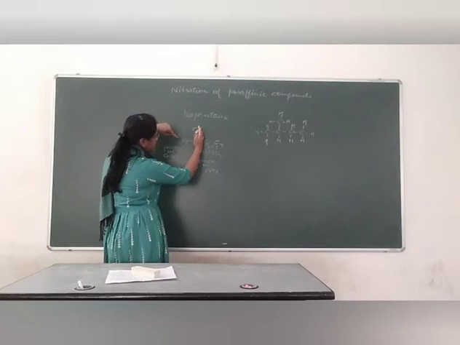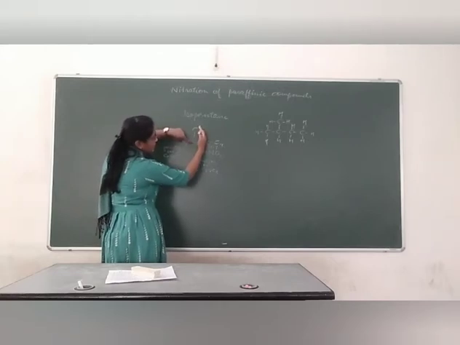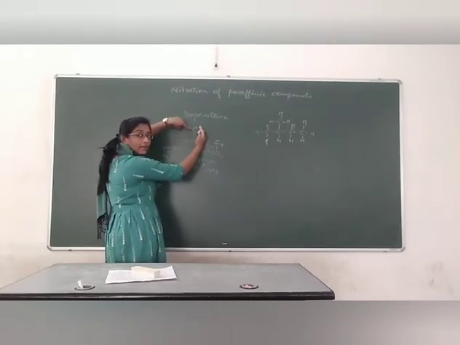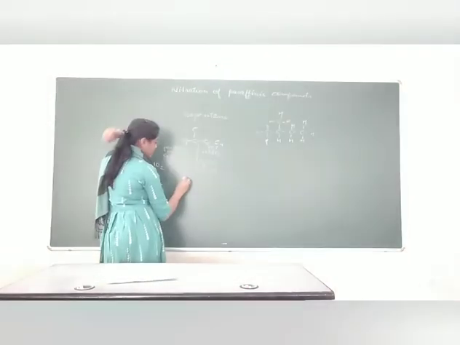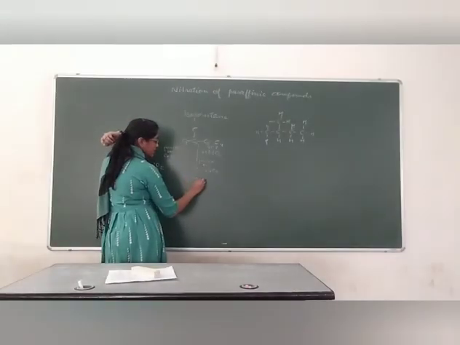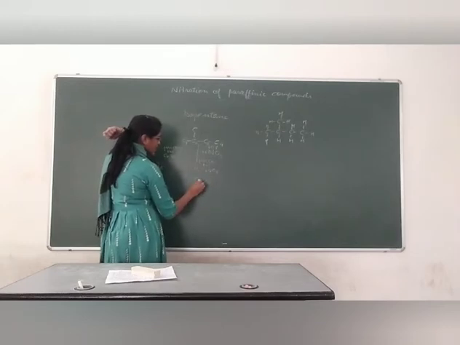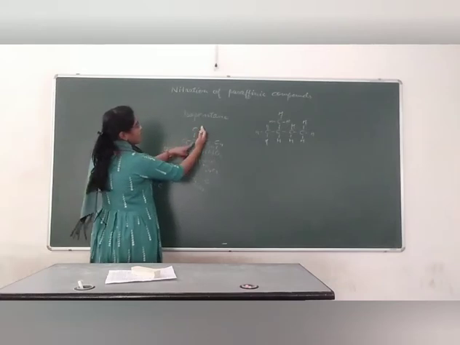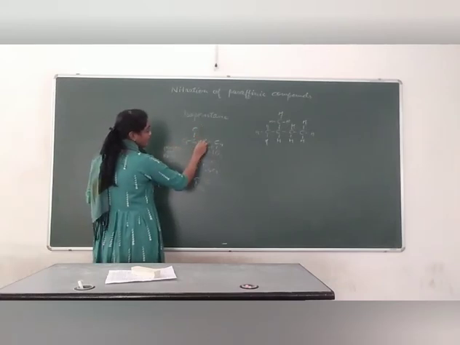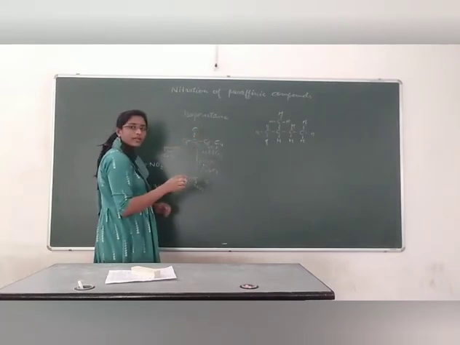So here there is one carbon, second carbon and third carbon, and in this the nitro group attaches over here. So I can write the structure like this, C and C as a single chain, and the nitro group comes over here on this carbon from cleavage of this bond, right?